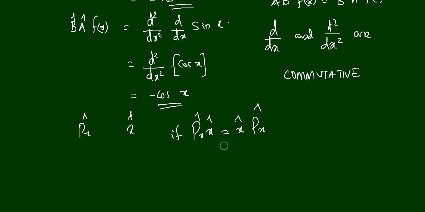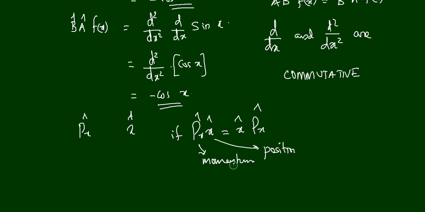If they are commuting, it means that the physical quantities corresponding to these operators, momentum and position, can be simultaneously and precisely measured.